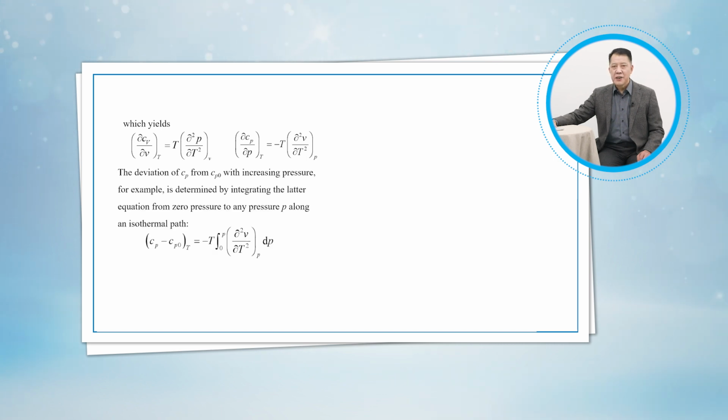The deviation of Cp from Cp0 with increasing pressure, for example, is determined by integrating the latter equation from zero pressure to any pressure along an isothermal path.